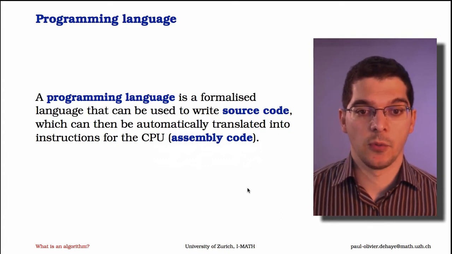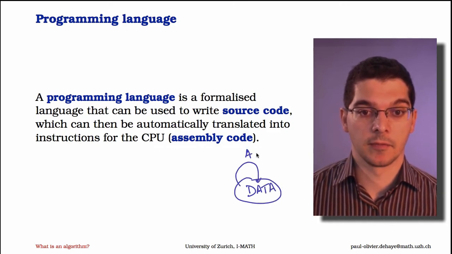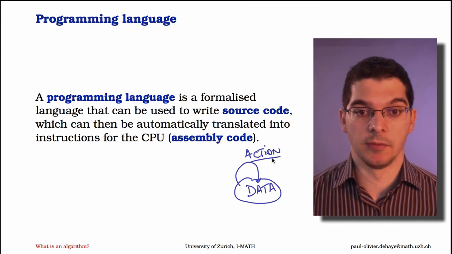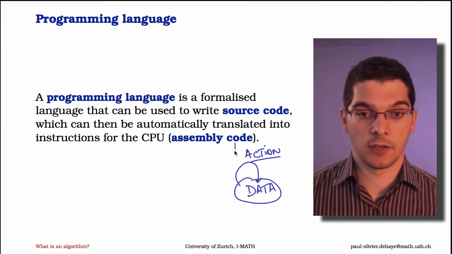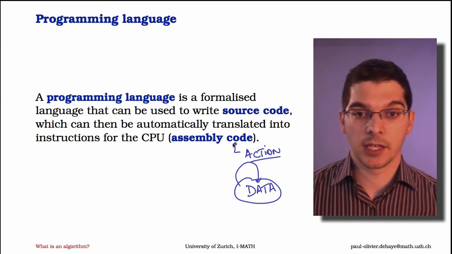So if you remember, we had our data that was here, and we could act on the data. And if you remember, these actions were described in terms of instructions for the CPU. So these actions are given in assembly code. Now, what is a programming language?